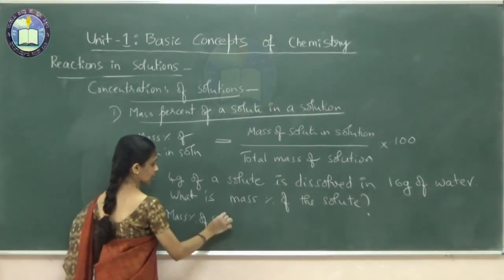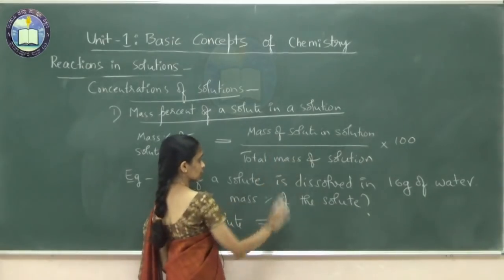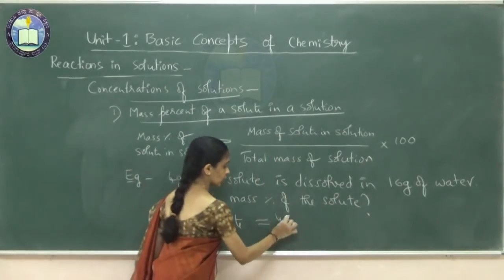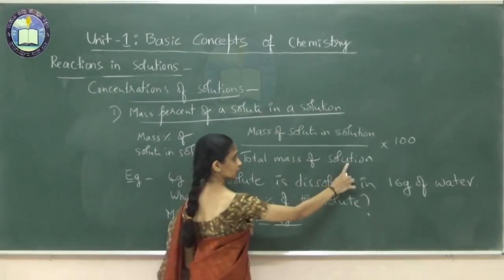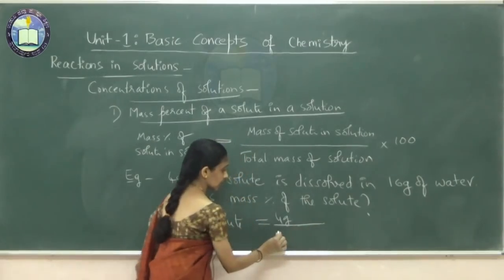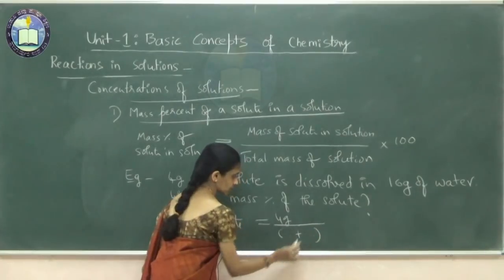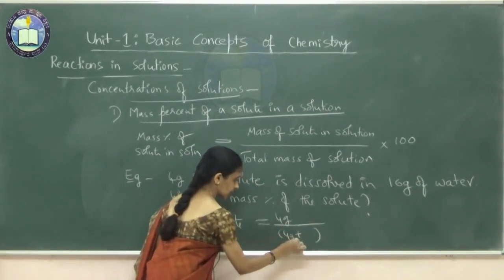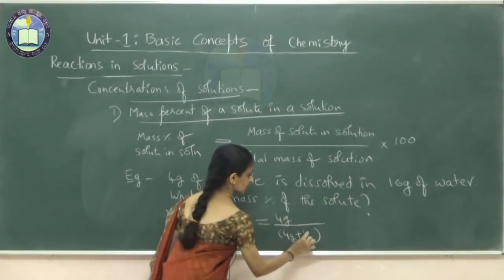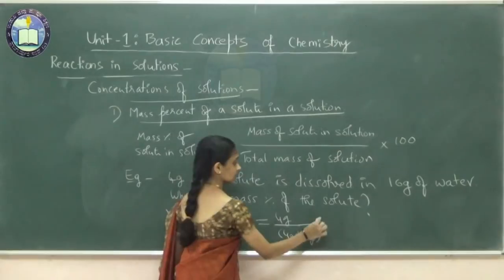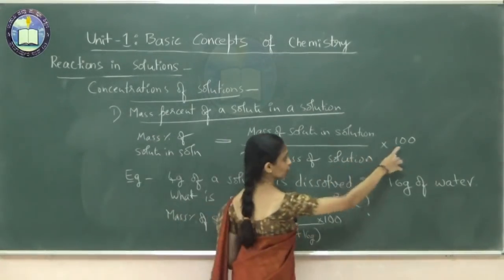Mass percent of solute is equal to mass of solute, nothing but 4 grams, divided by mass of solution. That means solute mass plus the solvent mass. Solute mass is 4 grams, solvent mass, water mass is 16 grams. Then multiply it by 100 from the formula.